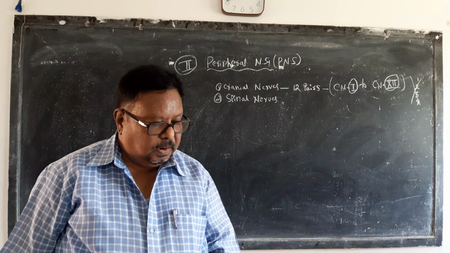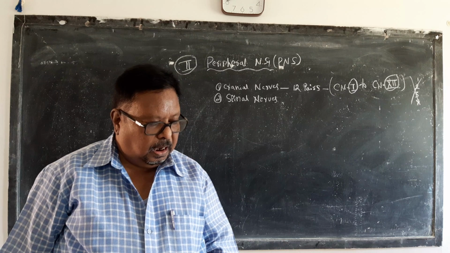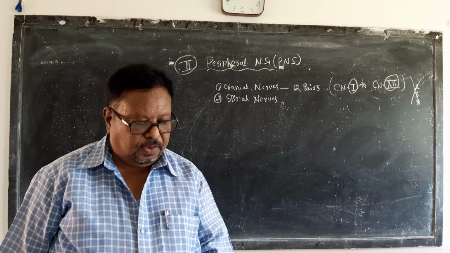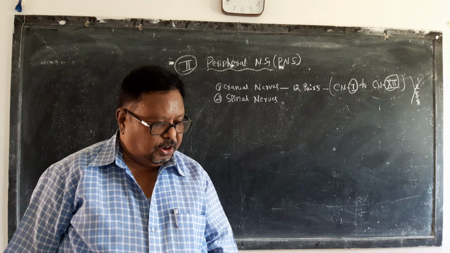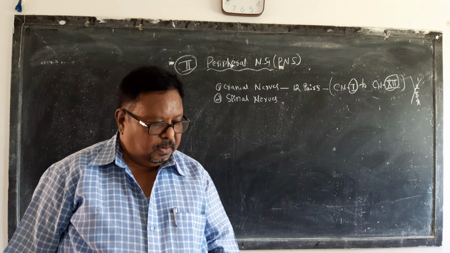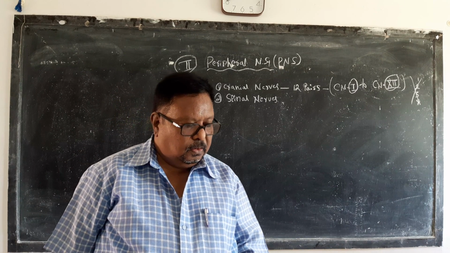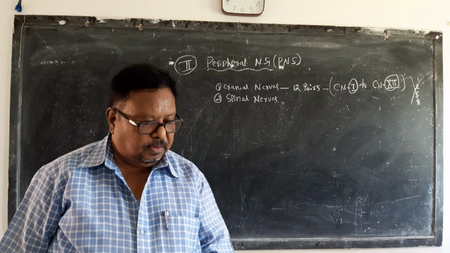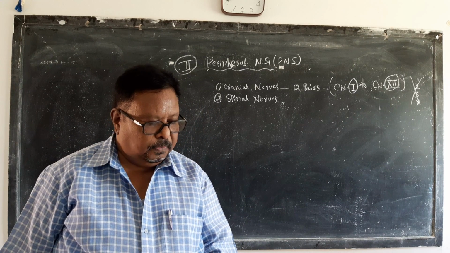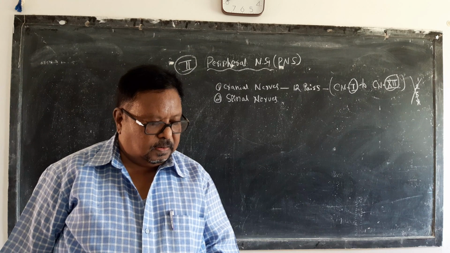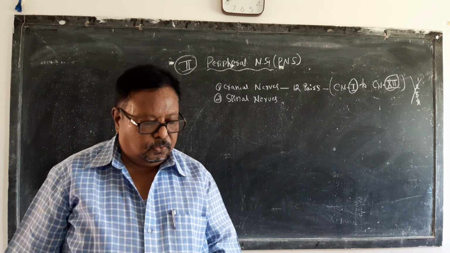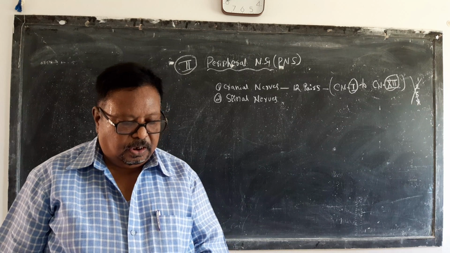The sixth one is the abducent nerve, supplying the lateral rectus muscle of the eyeball. CN7 is the facial nerve, supplying the muscles of facial expression.